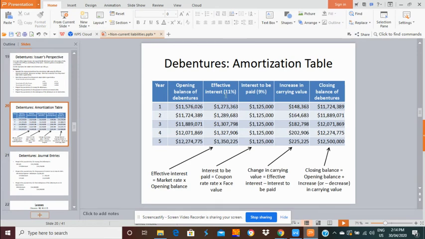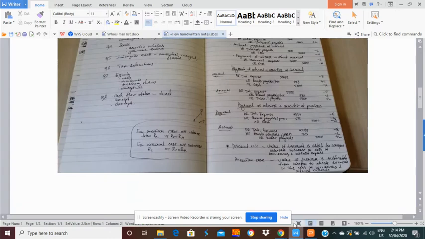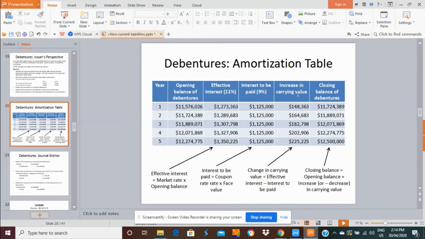However, this column would be calculated based on the market interest rate, and therefore it will correspond to the book value of expense. And the difference between them, the reallocated bond discount, would be shown as the difference between these two columns. You can clearly see that 148,000 is the difference between this and this, right?